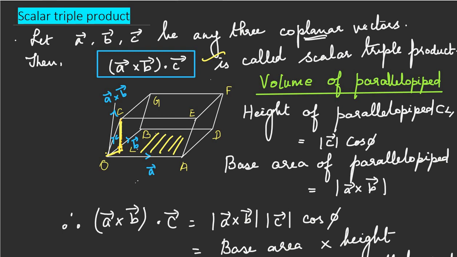The line A cross B vector and the line CL are parallel. Since these two are parallel, the angle between these two vectors is the same, phi.